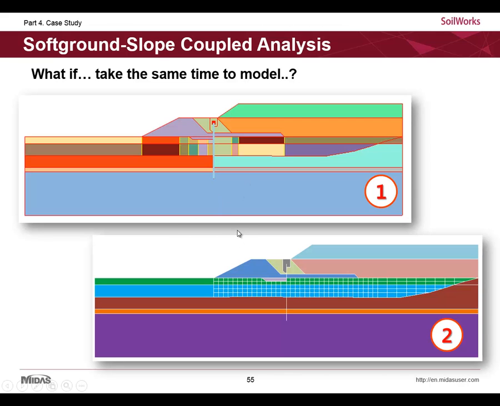So in SoilWorks, with the smart surface function, it takes the same time to model no matter how many times you divide the surface. The smart surface function is not just a convenient one, but a function that can make impossible models possible for 1D consolidation analysis.